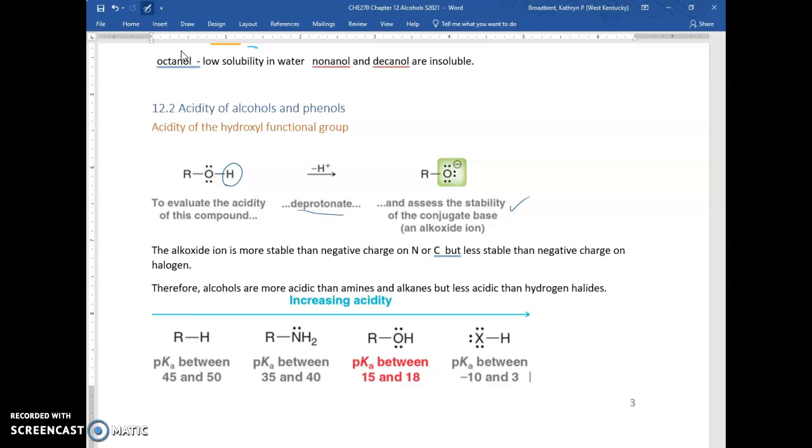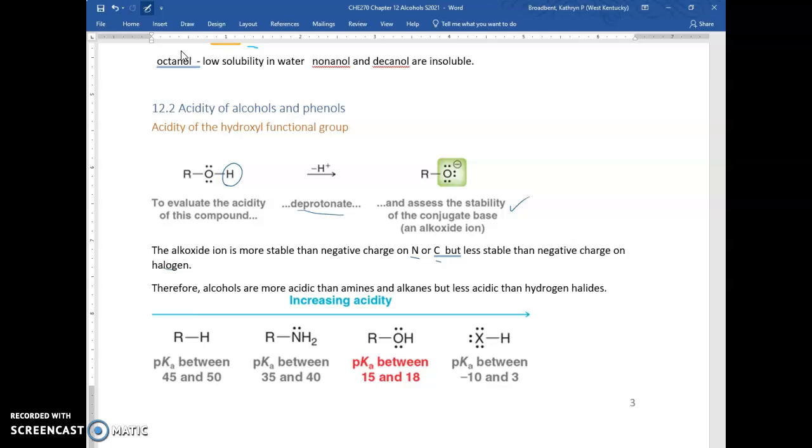So it's more stable than putting the charge on nitrogen or carbon, but it's less stable than putting the negative charge on a halogen. And we see that down here on our chart of increasing acidity. Remember that a high pKa means that it's not very acidic.